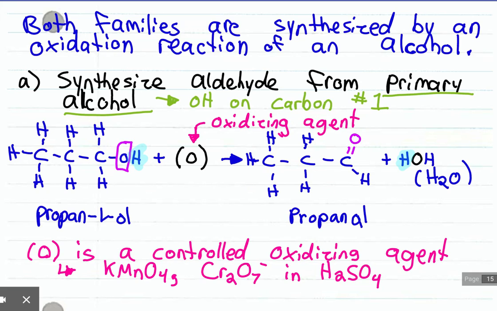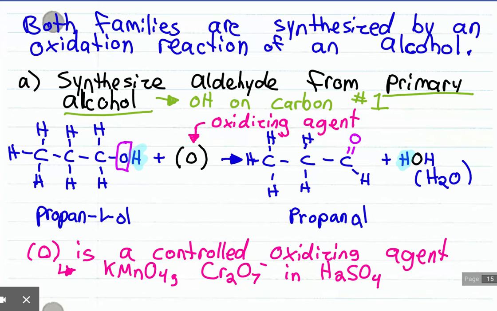What ends up happening is this oxygen stays attached to the carbon, but becomes double bonded. And this hydrogen ends up reacting with something in the oxidizing agent, and we make water, HOH.